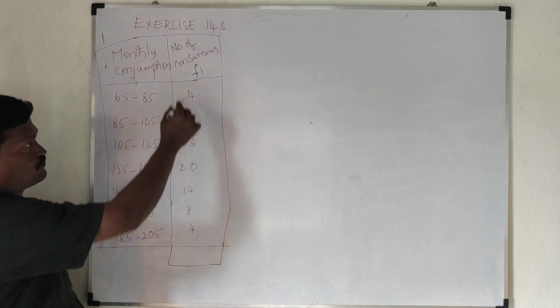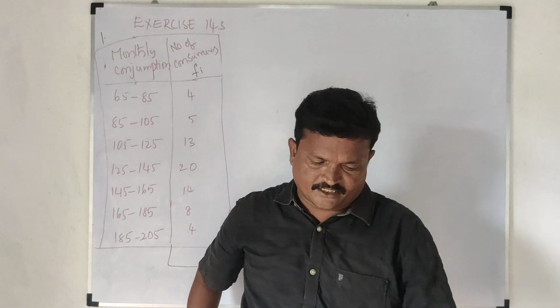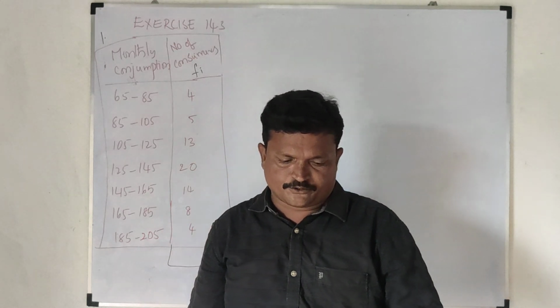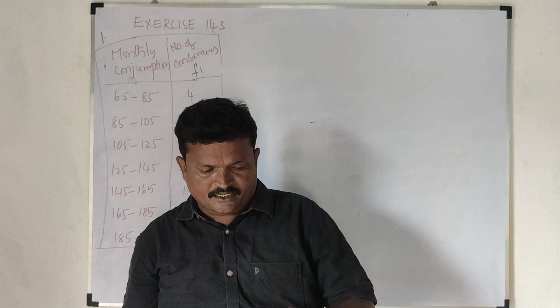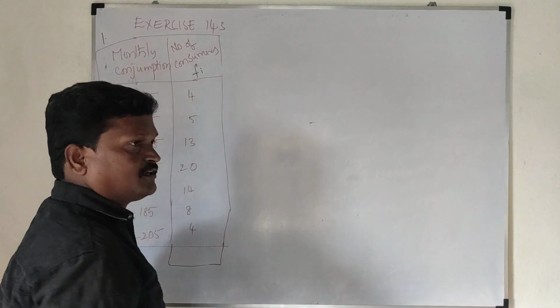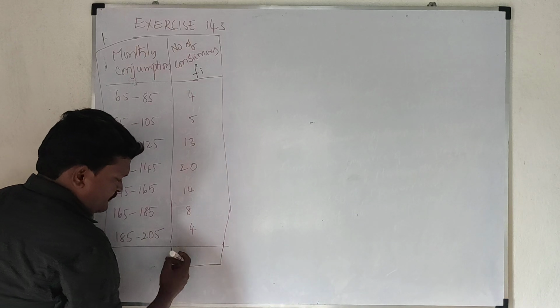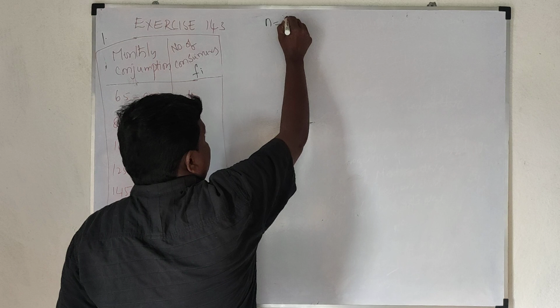Number of consumers, let it be the frequency. In the question it is given that the following frequency distribution gives the monthly consumption of electricity of 68 consumers. 68 consumers means that will be the number of observations. So n is equal to 68.